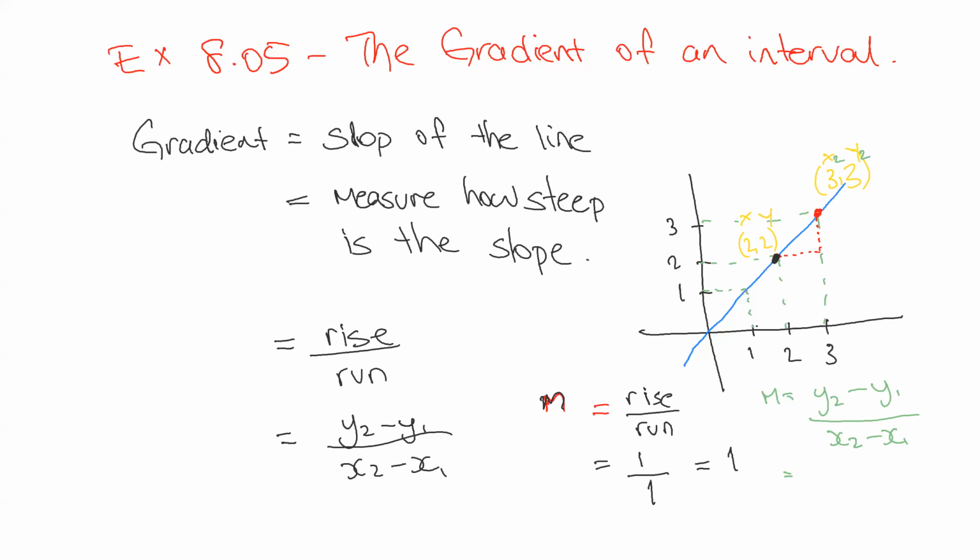You can pick any one of them, it doesn't matter. I'm going to get my y2 value, which is 3, minus my y1 value, which is 2, divided by my x2 value, which is 3, minus x1 value, which is 2. And that's going to equal 3 minus 2 is 1, and 3 minus 2 is 1. So 1 over 1 is 1. So I can use both of the formulas, and I can get the gradient for this slope.